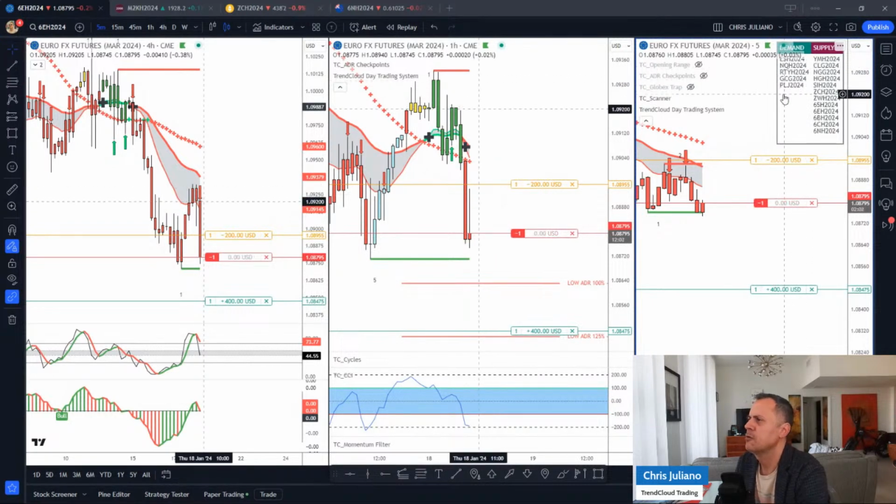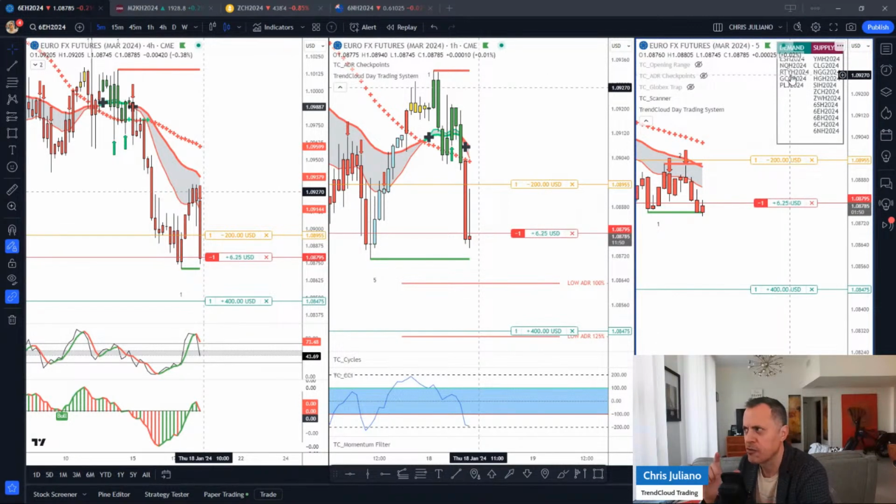And notice how market sentiment is to the downside, and I took a long position on the Russell. Okay, it looked like it just started changing. We do have NASDAQ and the S&P on board to the upside, but market sentiment overall is down.